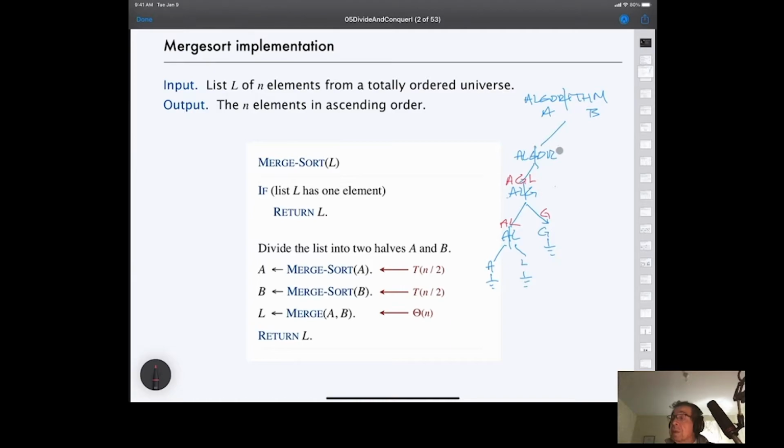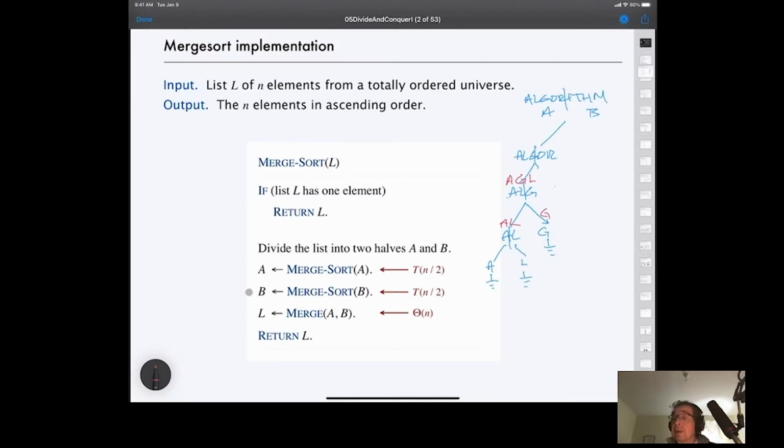Corresponding to this bigger problem, ALGOR, in that recursive level we would be done with the first recursive call, which returned the result AGL. And now we would submit the right part of the file to merge sort again.